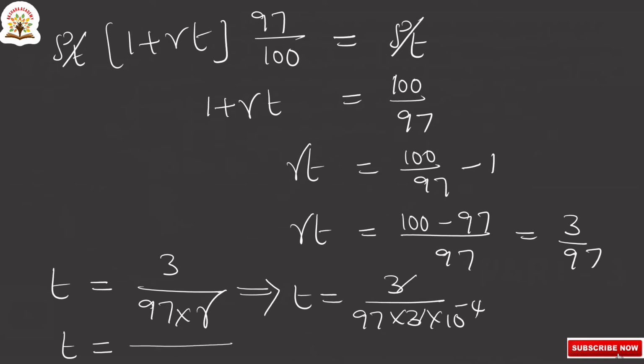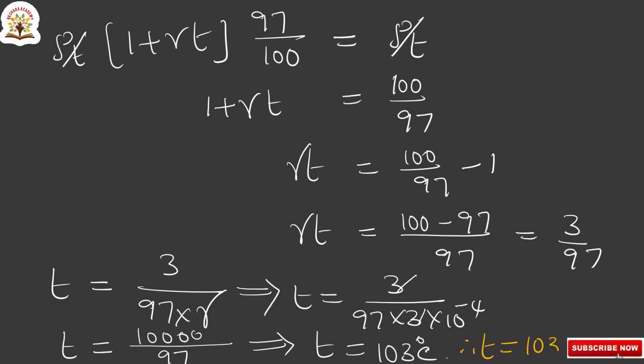That implies 10,000 by 97. After division we get the temperature 103 degrees centigrade. So therefore the temperature at which it sinks, T is equal to 103 degree centigrade. Okay, this is the final answer.